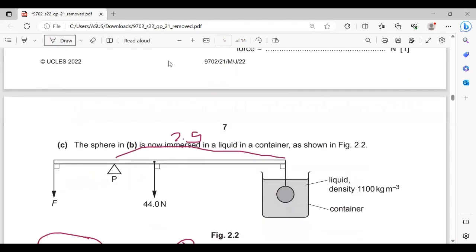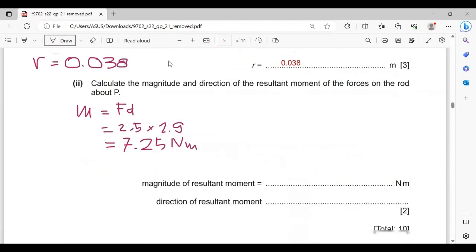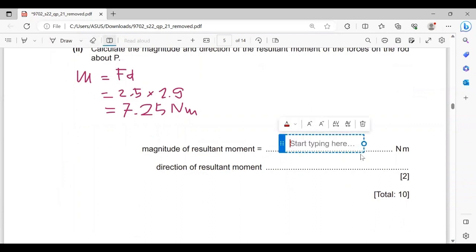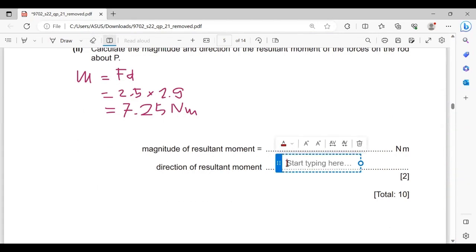Let's continue. So the magnitude of the resultant moment equals 7.25, and the direction is anti-clockwise.